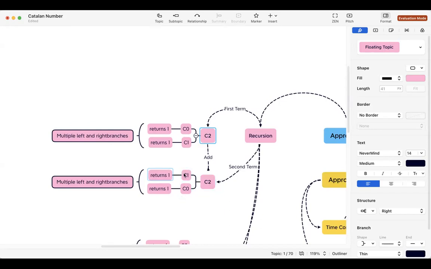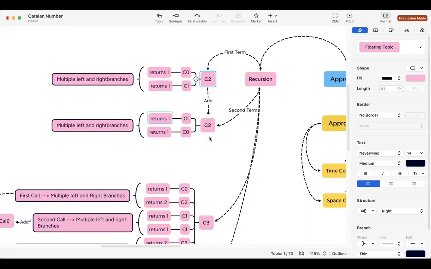So multiply 1 with 1, you will get 1. Now from this first iteration you got 1, and from the next iteration you got 1. Now you have to add these two numbers from both the iterations, so you will get 2. So C2 will give you an answer of 2. So the second Catalan number represents 2.